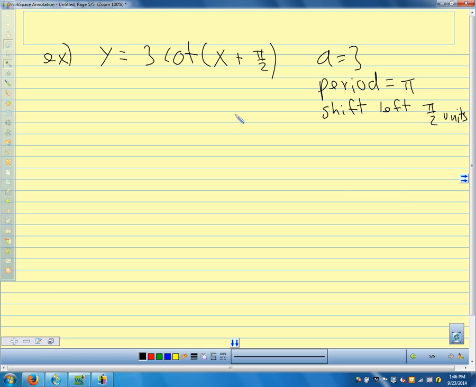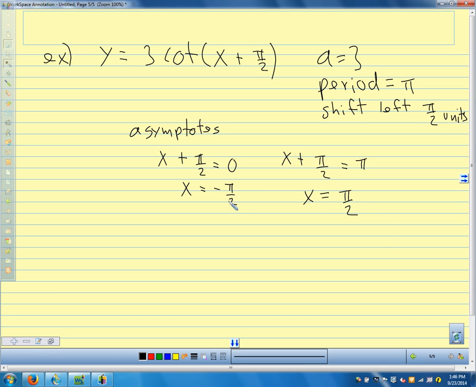Okay, shifting left, we find our asymptotes. When x plus pi over 2 equals 0, that tells us x equals negative pi over 2. And when x plus pi over 2 equals pi, that tells me x equals pi over 2.